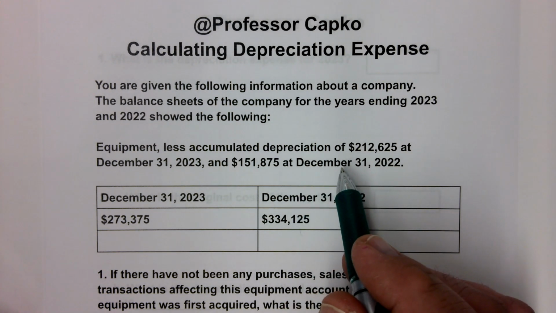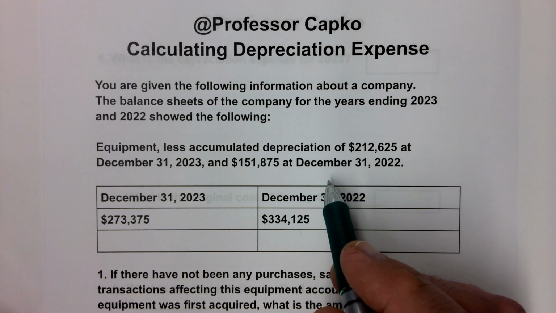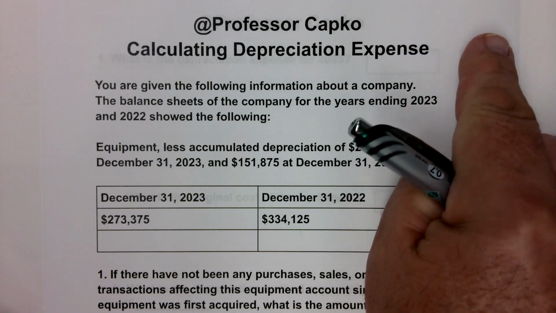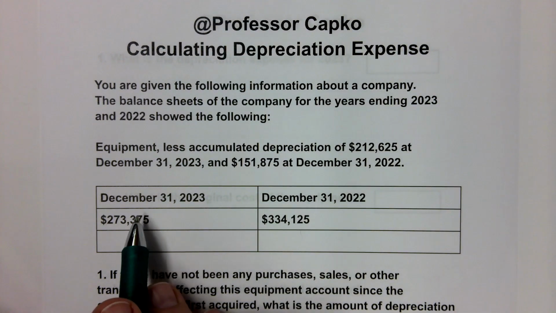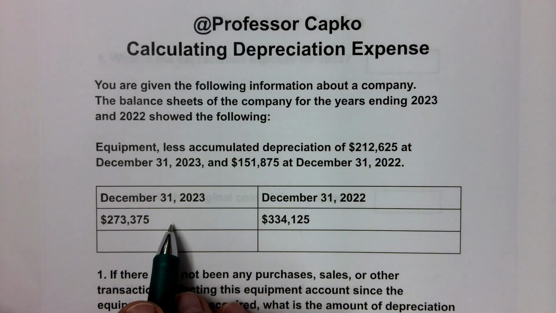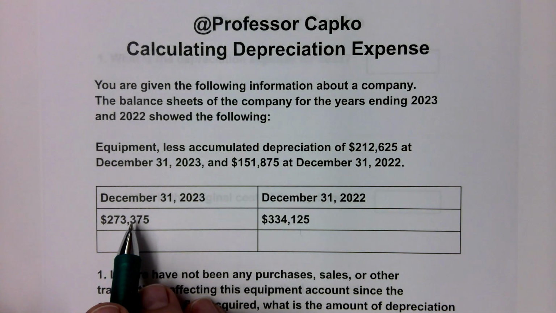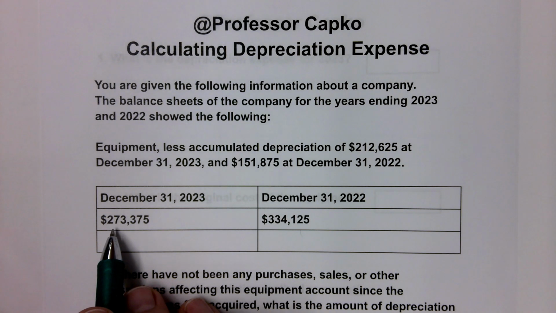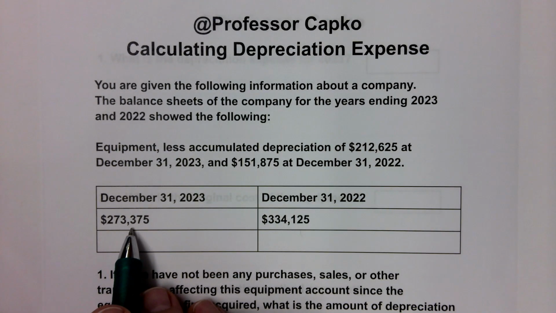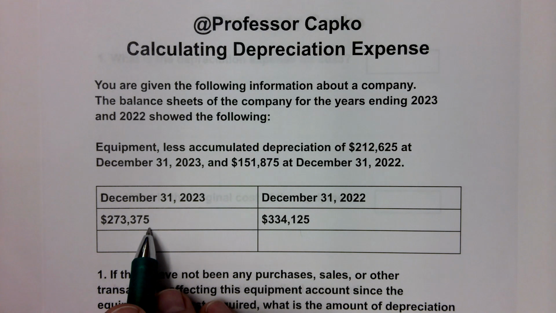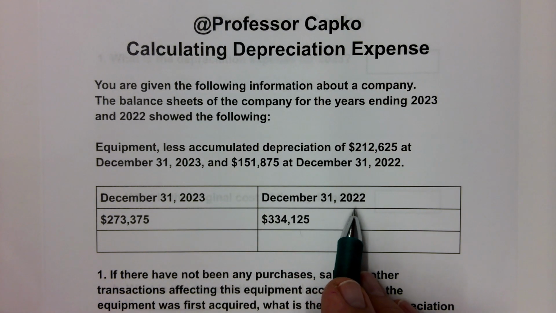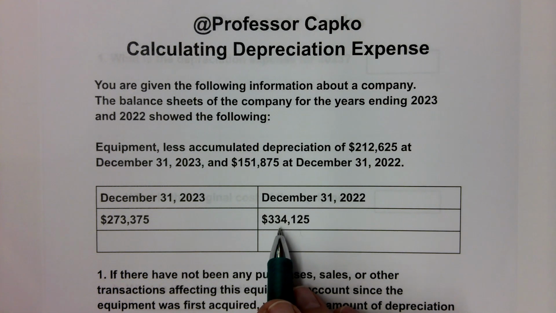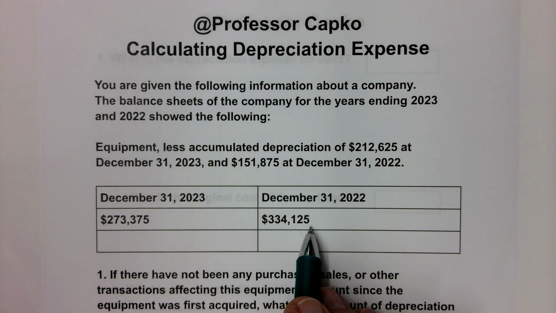If you're not sure what depreciation is or how to calculate it, you may want to start with this video up here. This is for December 31st, 2023. The balance sheet for the equipment is showing a book value of $273,375, and for December 31st, 2022, it shows a book value of $334,125.